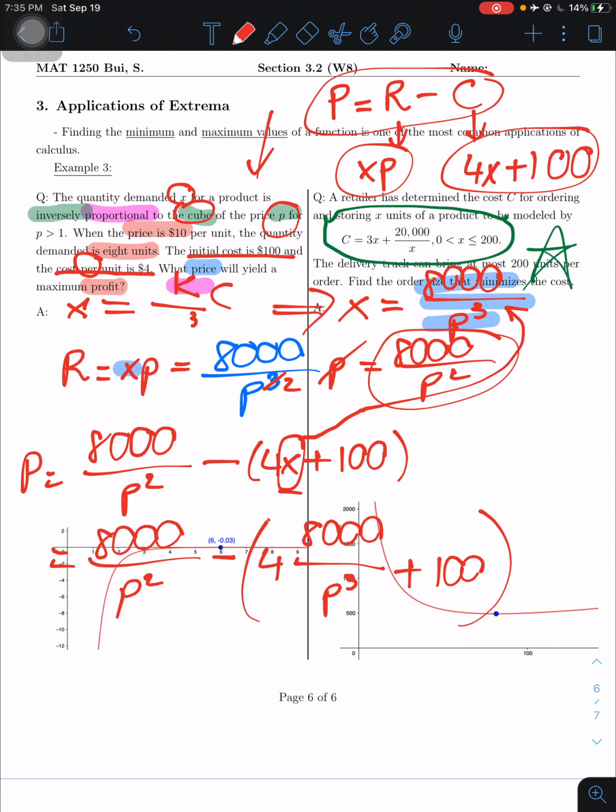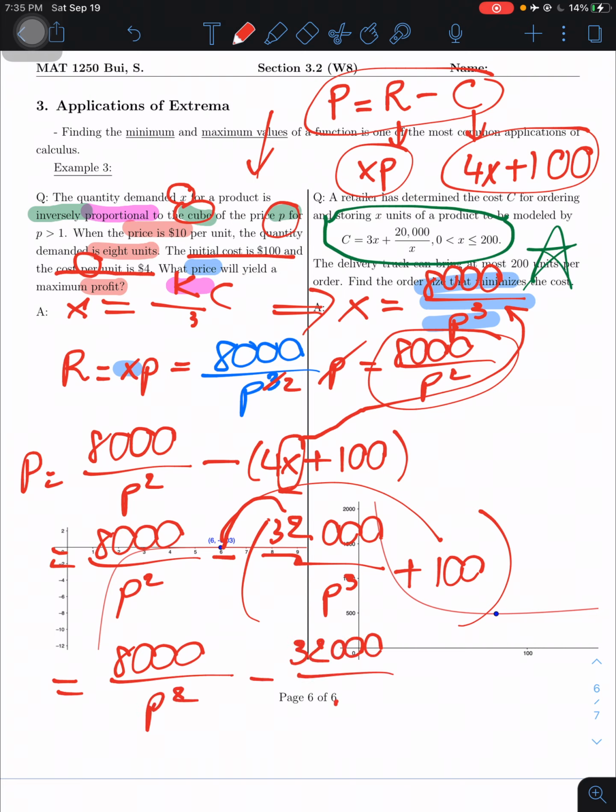If you multiply 4 with 8,000, you're gonna get 32,000. Then we have to break out the parentheses, so I'm going to distribute a negative into the first term and also into the second term. So at the end, I have 8,000 over p squared, minus 32,000 over p cubed, minus 100.